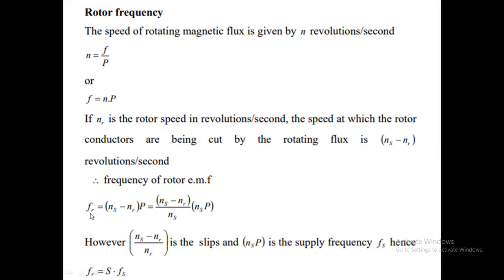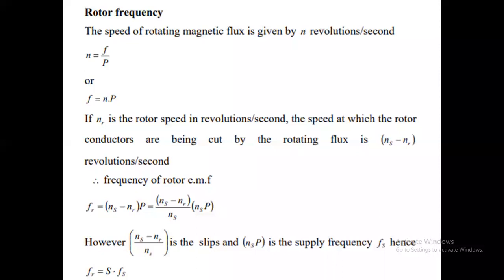So finally, what is the rotor frequency equation? Fr equal to n into p, where n is the slip speed, ns minus nr, into p. Further this can be written as ns minus nr by ns into p. We know that ns minus nr by ns gives the slip s.